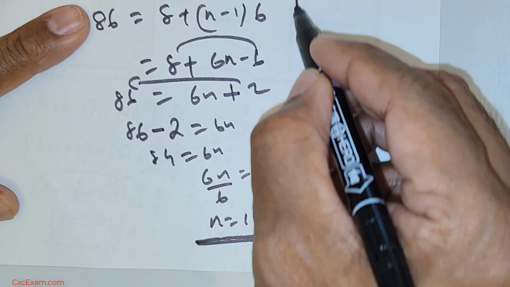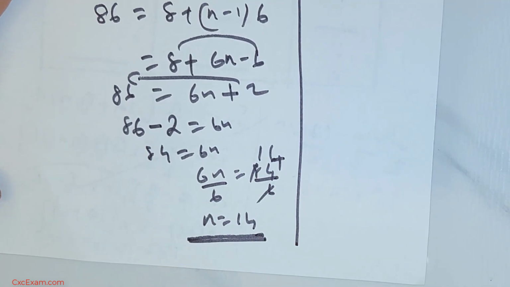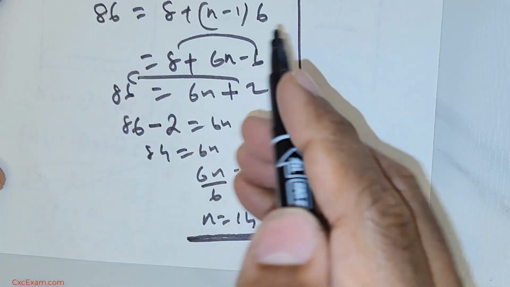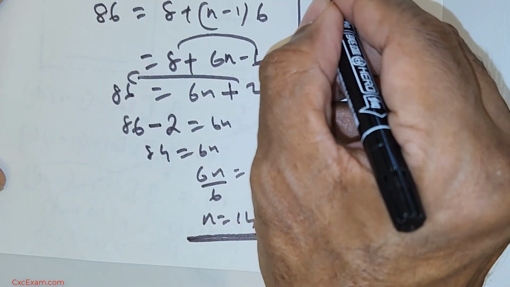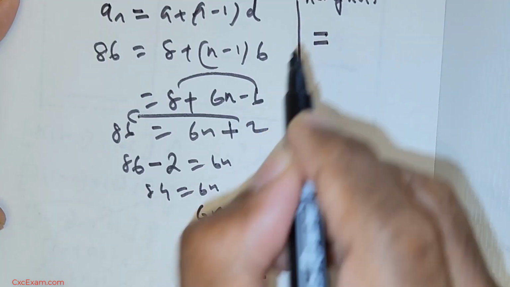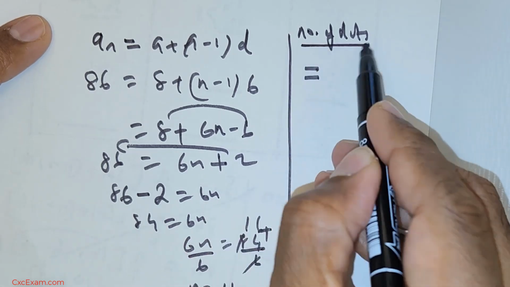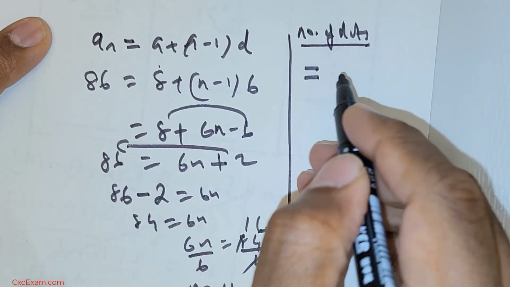Now when n is equal to 14, we need to subsequently get the other column where the number of dots have to be obtained. So we need to get the an for that. So number of dots has to be calculated, right? So the number of dots, we will be utilizing this formula.